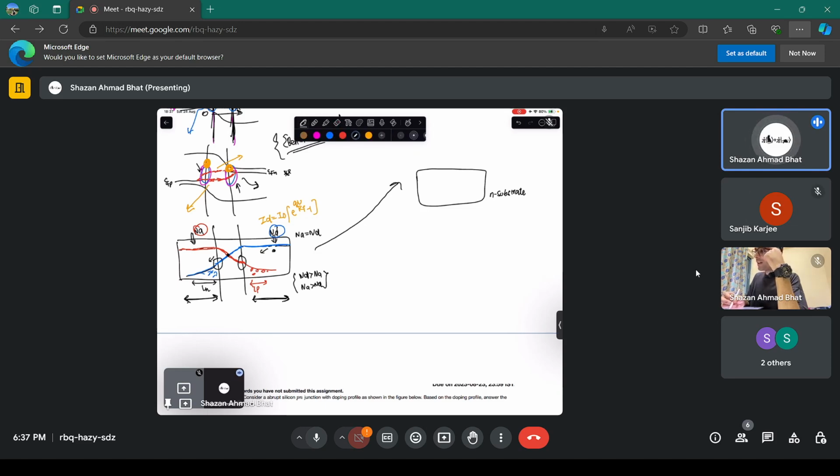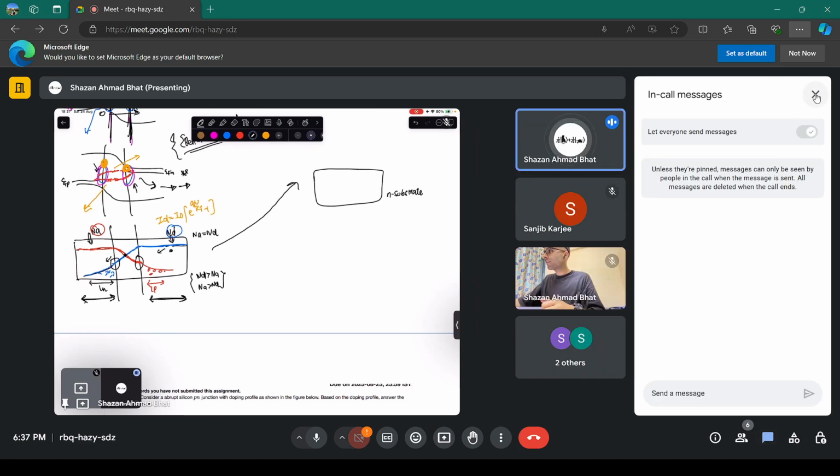If you can write in the chat what the slope of this is, but I don't need to know it. Maybe you can compute it using some equations. At the end of the day, there will be an equation for that line, and you can compute its slope. If you want to write it, write it in the chat because your voice is not clearly audible.